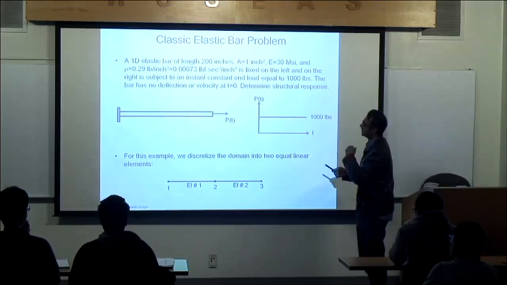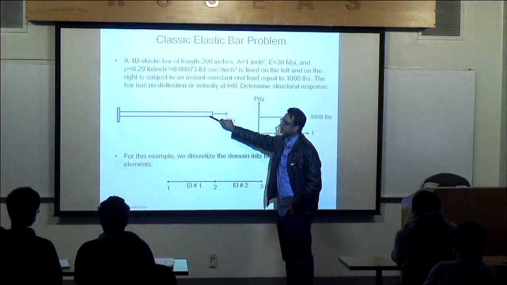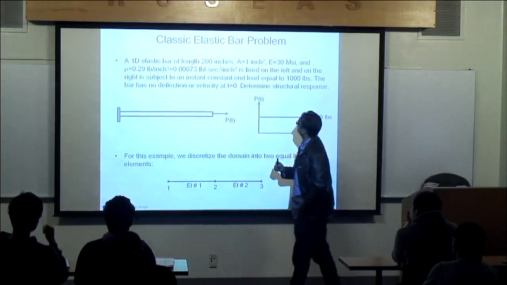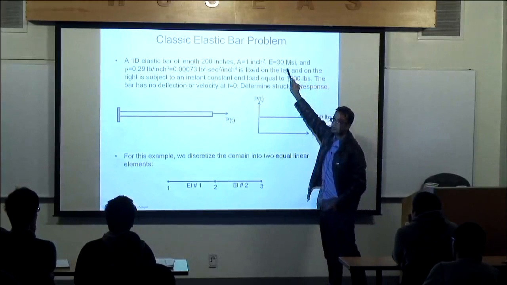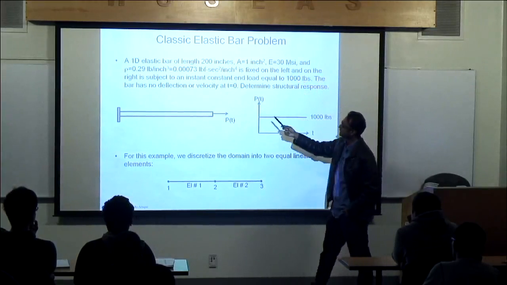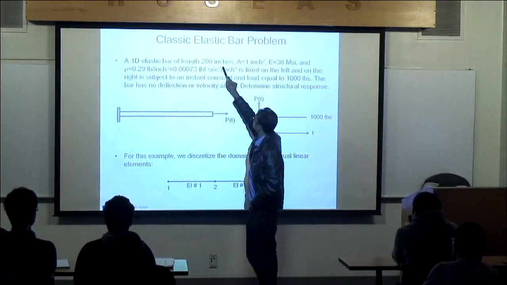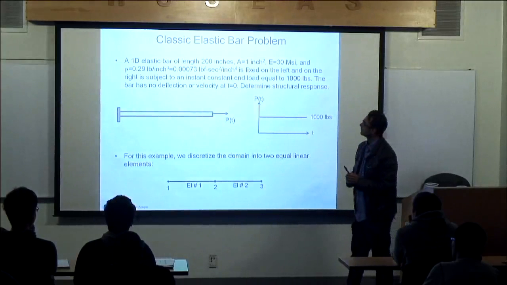Okay, so let's consider a 1D elastic bar. It is 200 inches long, and the cross-section area is 1 inch squared. All the information is given here. Steel is about 30 MSI. The density is 0.29 pound per inch cubed. I converted it to pound second squared per inch to the fourth, to have everything in consistent units.